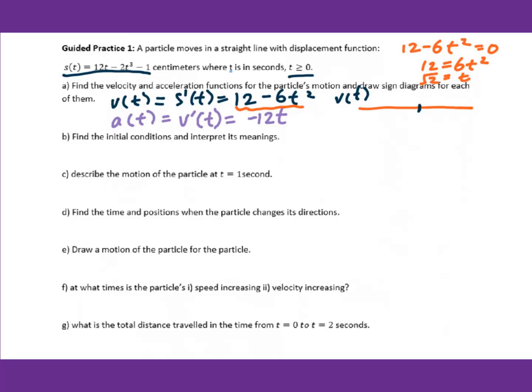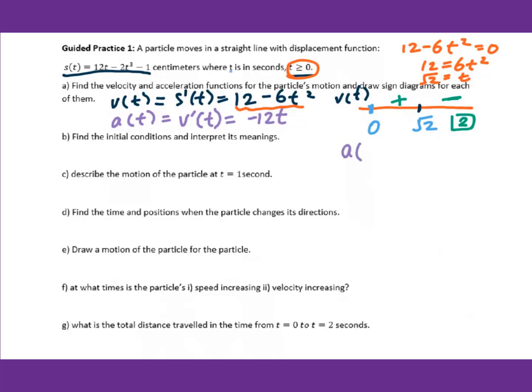It's not negative square root of 2 because t is greater than or equal to 0. Therefore, we have 0 here, and this one is square root of 2. Then we choose a number, 2, and plug in. You will get a negative. Then this is a single factor, so we change the sign. This part is positive.